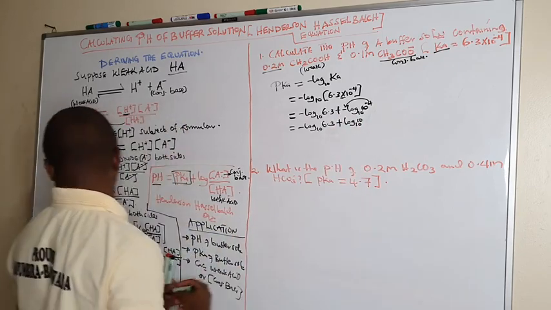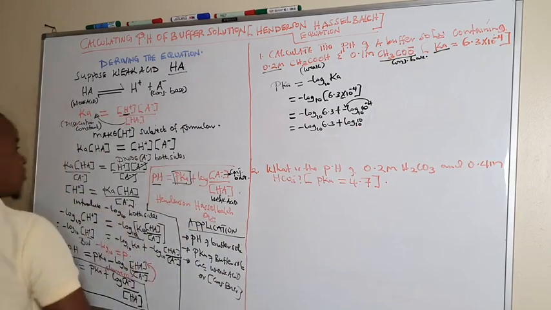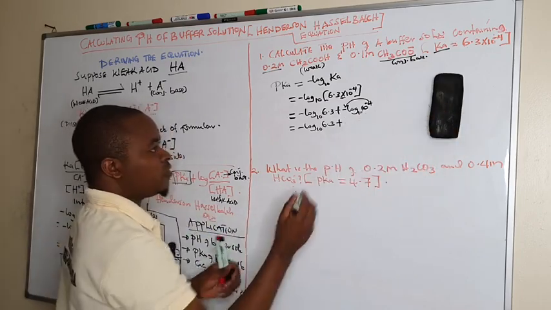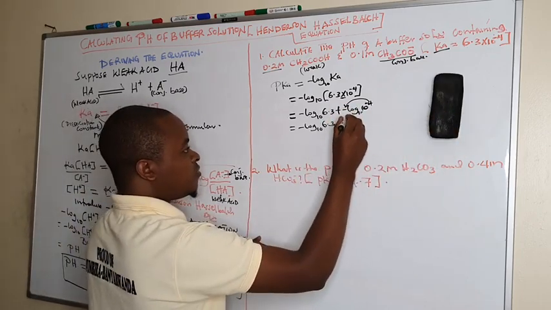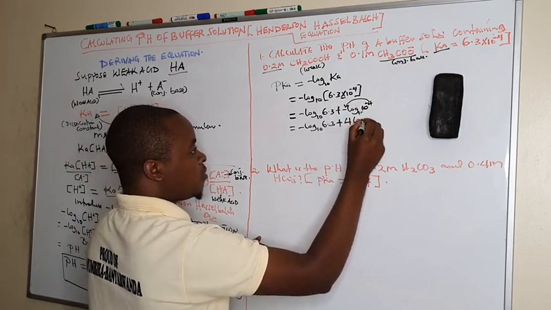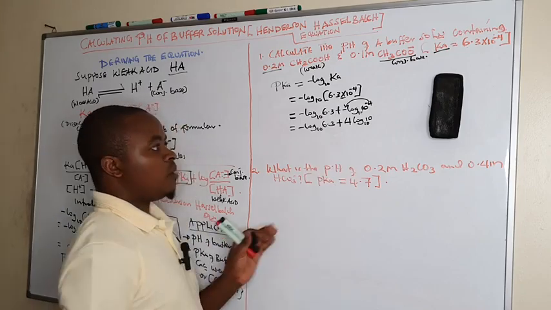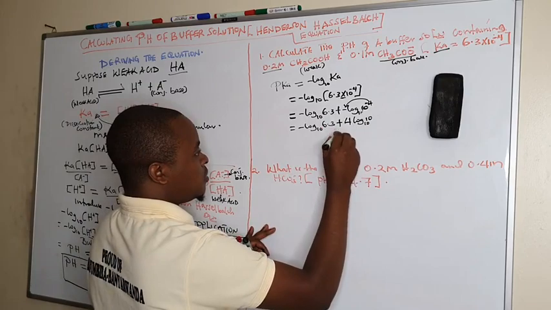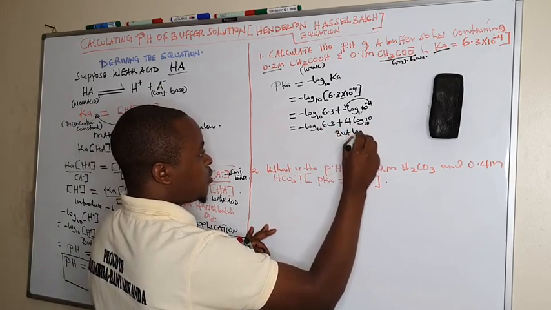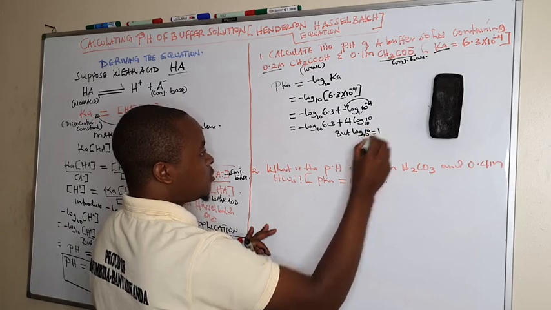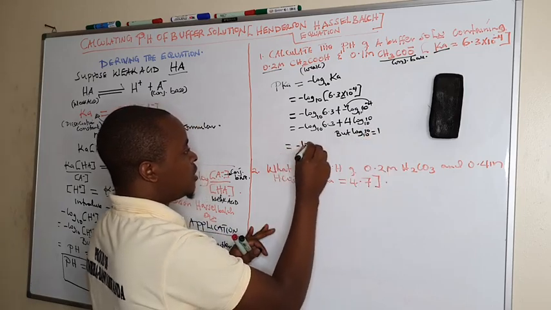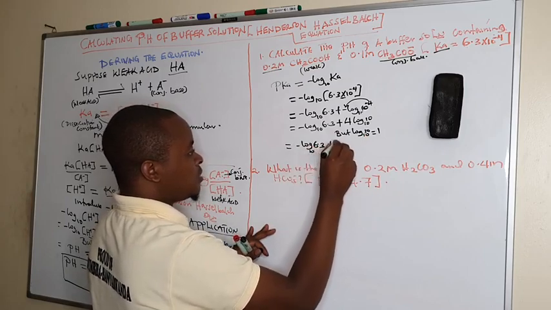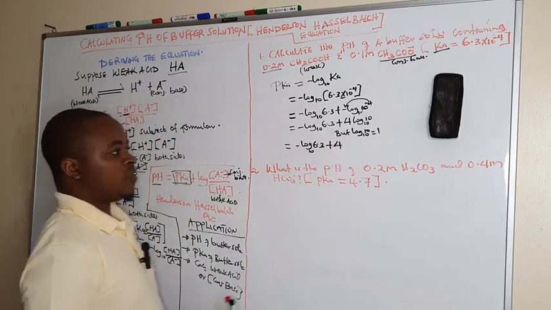But before the plus, we have the 4. Negative 4 with the negative becomes plus 4 times log base 10 of 10. But log base 10 of 10 is equal to 1, so we're going to get negative log 6.3 plus 4. 4 times 1 is 4.